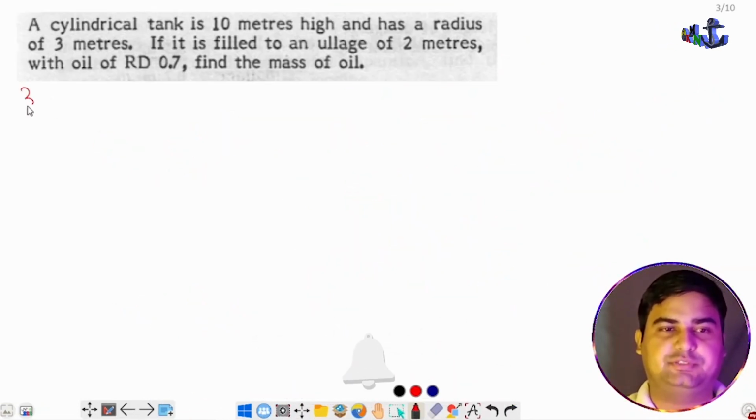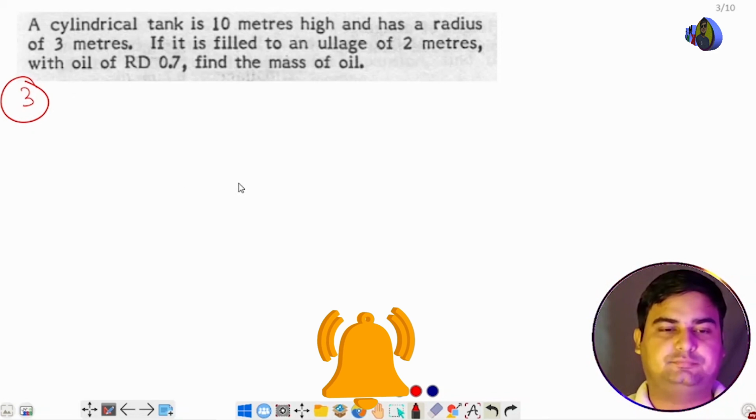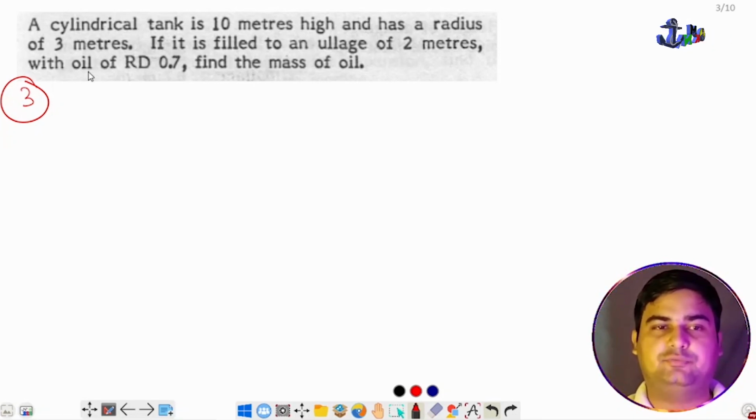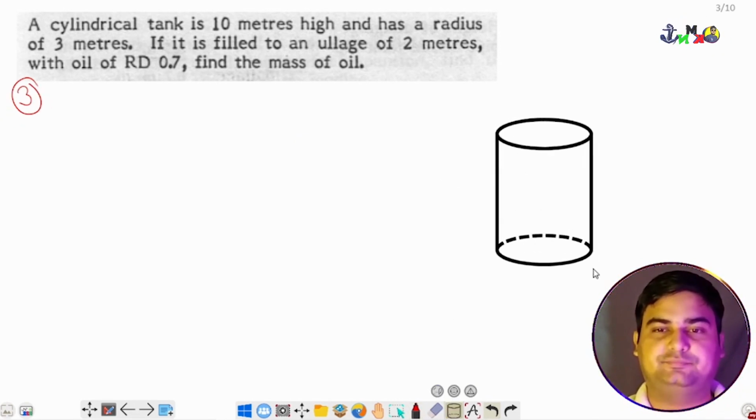So the next question is this. This is the third question. It is saying a cylindrical tank is 10 meters high and has a radius of 3 meters. If it is filled to an allowance of 2 meters with oil of RD 0.7, find the mass of oil. For these types of questions, we need to first draw the diagram. So we will draw one cylinder.